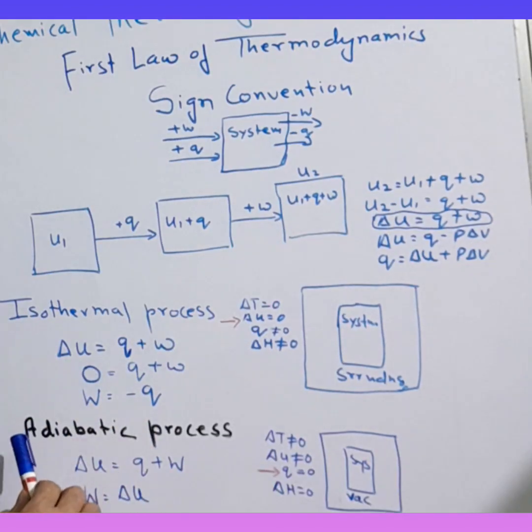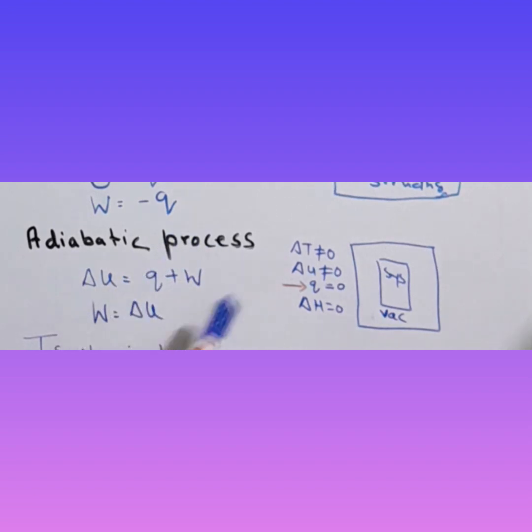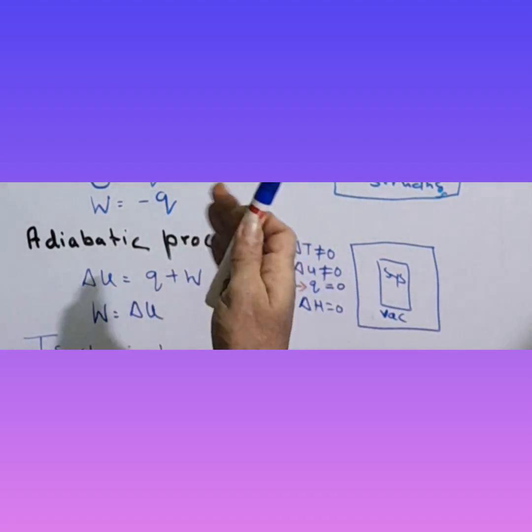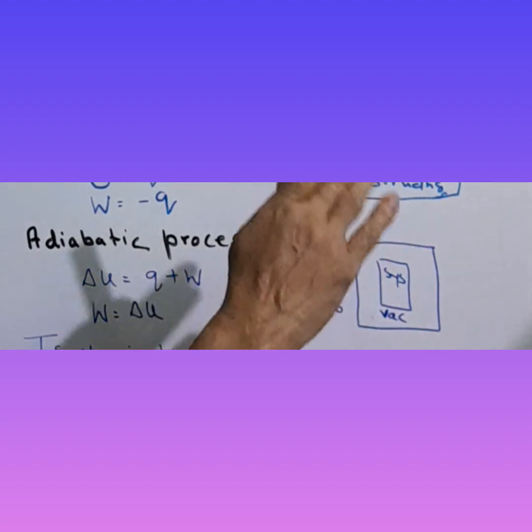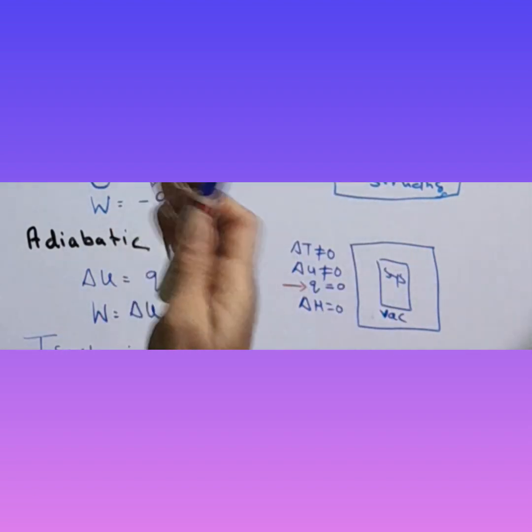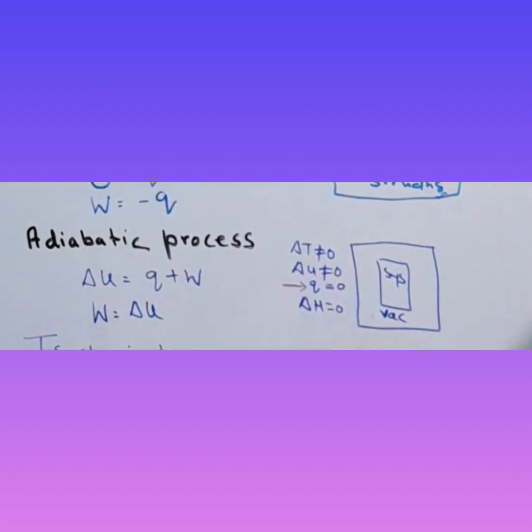What's the fate in terms of the adiabatic process? Let's understand. Same equation, del U. In adiabatic, we saw that del T is not equal to 0, del U is not equal to 0. Why? Because of the vacuum, no surroundings take care of temperature. So temperature rises or falls, depending upon exothermicity or endothermicity.